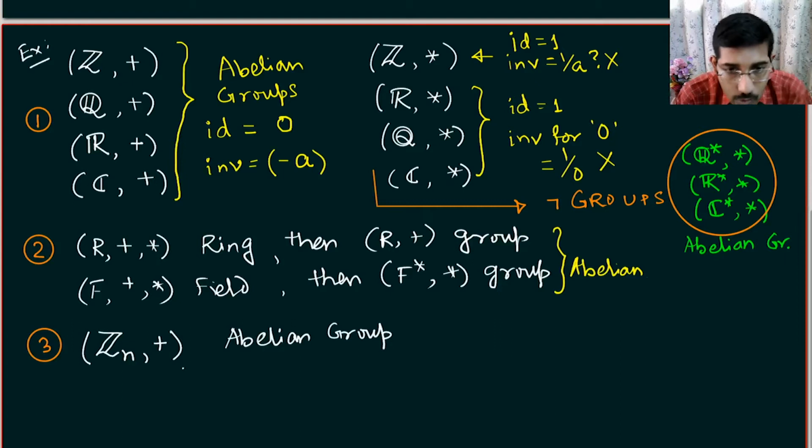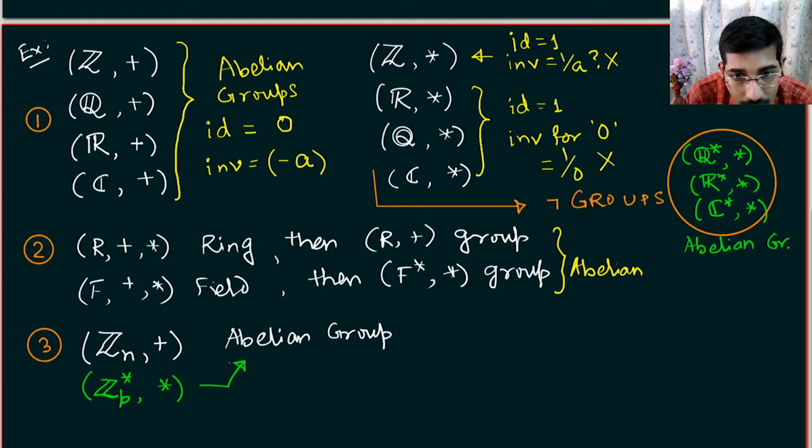And if you dig, just for curiosity, I give you a part of an exercise: you will also find that the set of equivalence classes modulo a prime, taking the non-zero elements with respect to multiplication, also forms an abelian group.